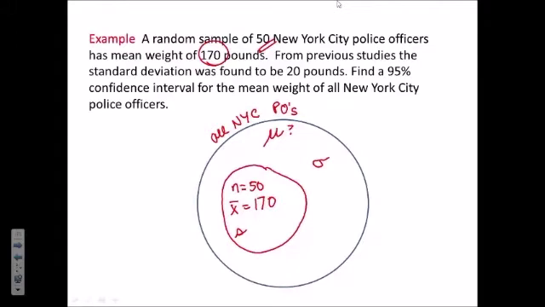Now, in this case, it says from previous studies, the standard deviation was 20 pounds. Well, this is not from our sample, so we don't use S, and we use the 20 pounds as an estimate for the population standard deviation. We're looking for a 95% confidence interval, so let me record that.